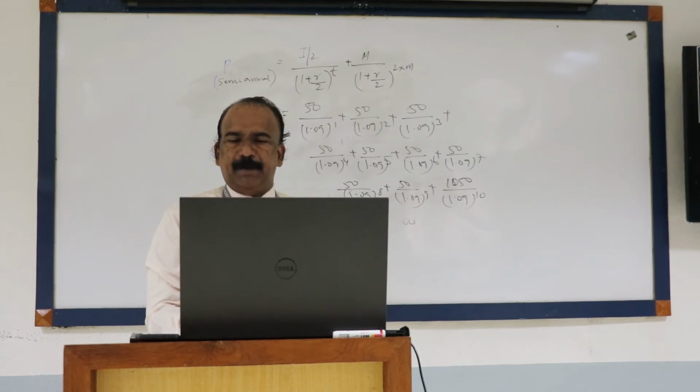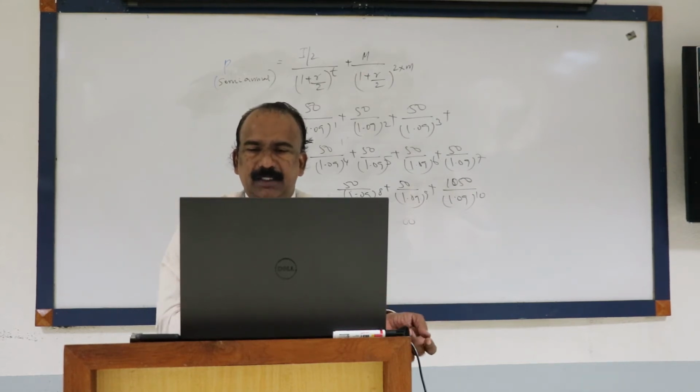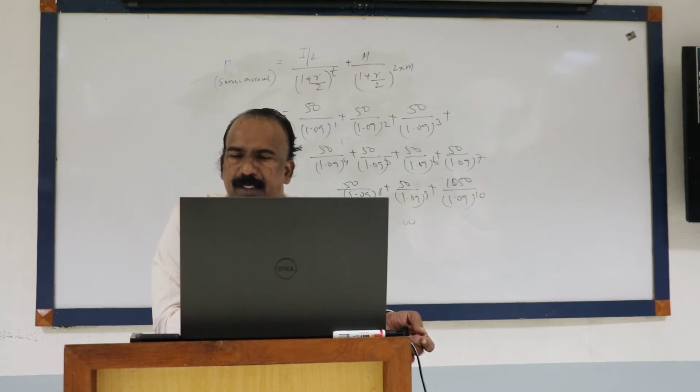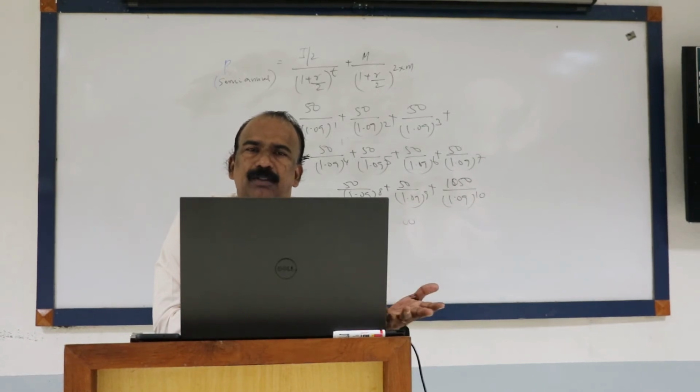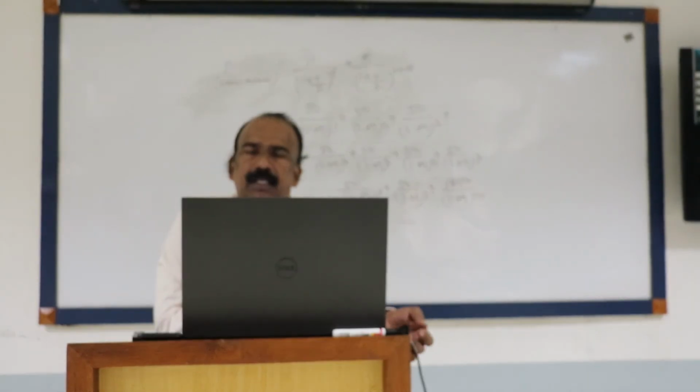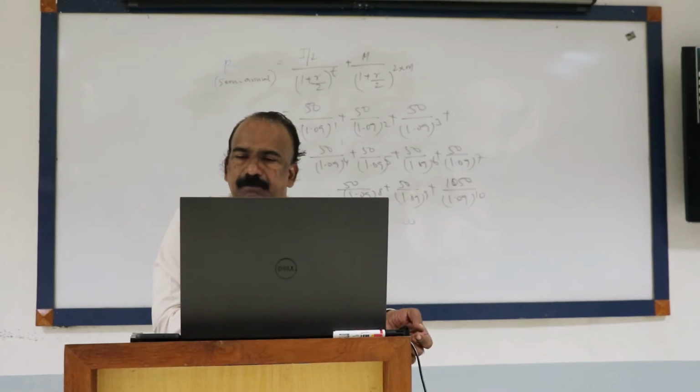Any clarification, anybody? Anything anybody wants to ask? Then we'll go to the next case study. If semi-annual is given, you should not get confused. The only thing you have to do is divide R by 2, I by 2, and the number of years will be multiplied by 2.